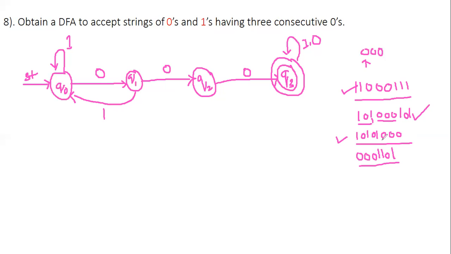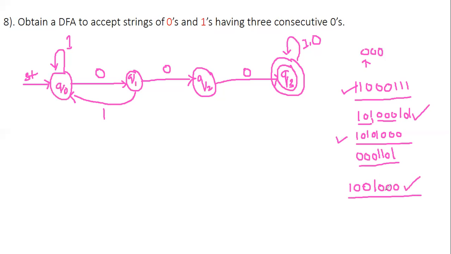So let me change this example a bit, so that we can decide what should be the transition from Q2 on receiving 1 exactly. Now 1 0 1 0 0 1 0 0 0 if we have. We'll go through this particular example now: 1 0 0 1 0 0 0. Yes, it should be accepted by this particular DFA, right?